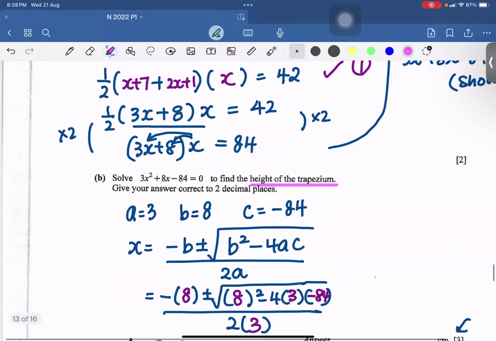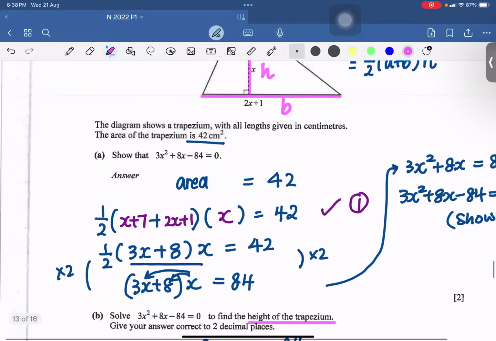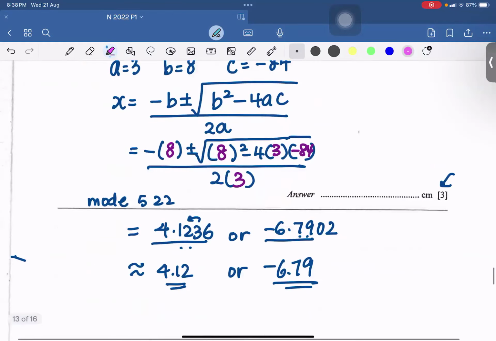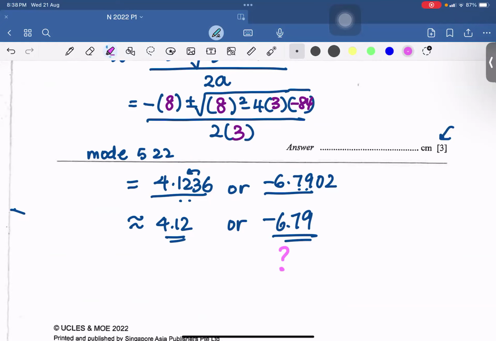The height is x. Can a height be a negative number? No, so we are going to reject. I'll put not applicable, or you can put REJ, see which version you like. So I'm going to reject this.